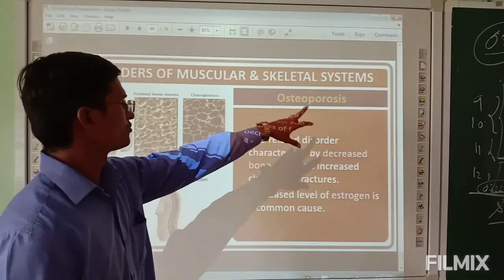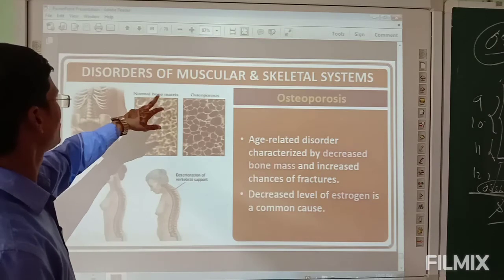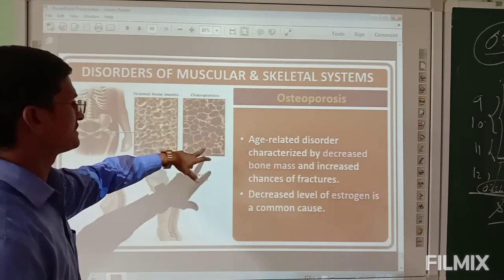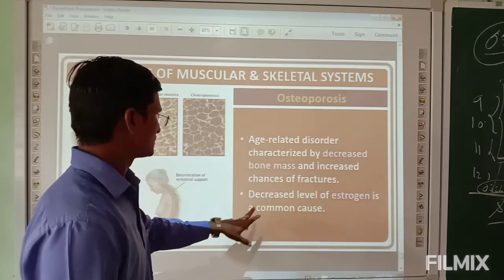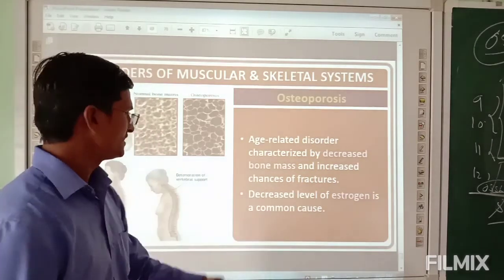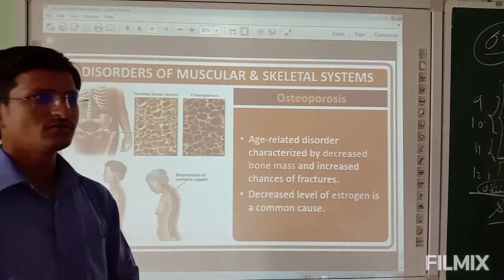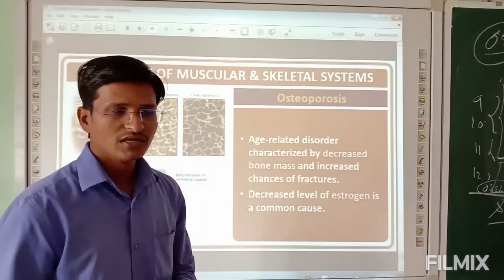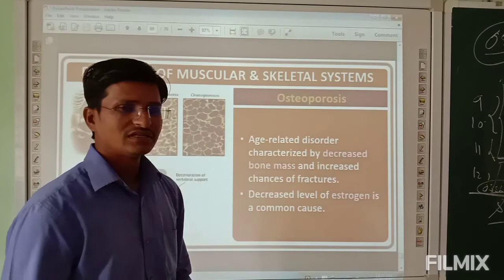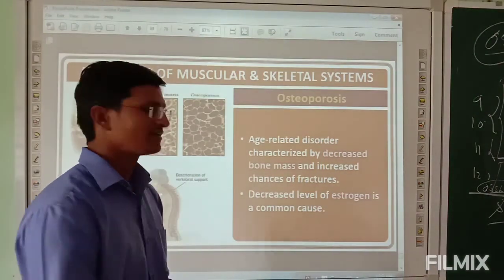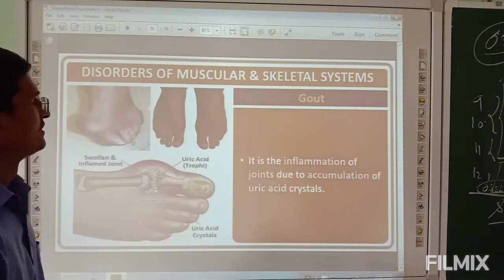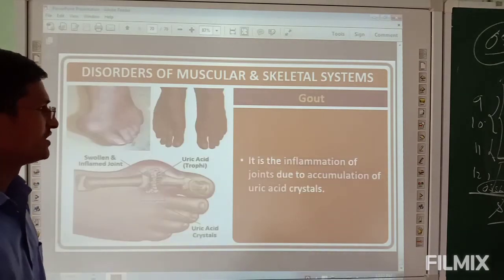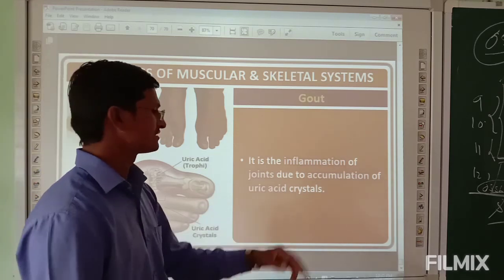In osteoporosis, the normal bone matrix totally decreases. A decreased level of estrogen is a common cause, so generally this type of disorder is seen in females. Then gout, it is the inflammation of joints due to accumulation of uric acid crystals.